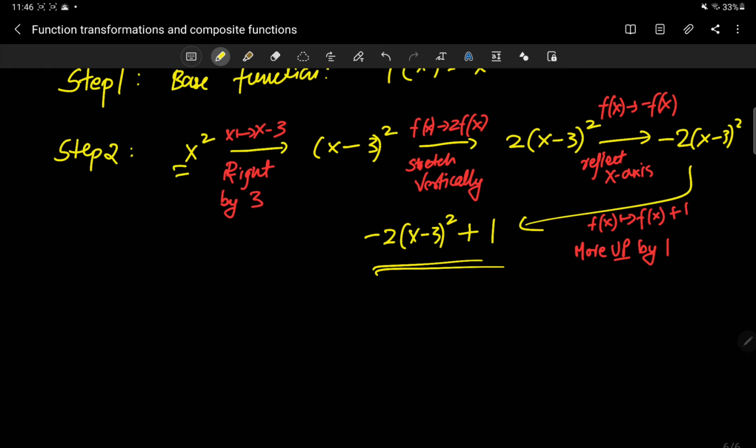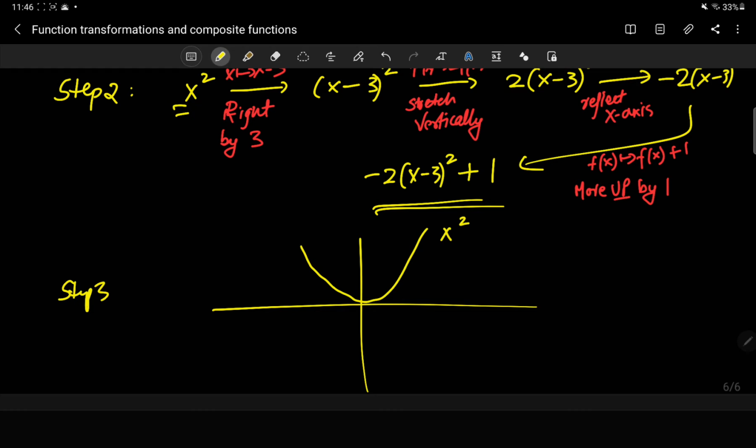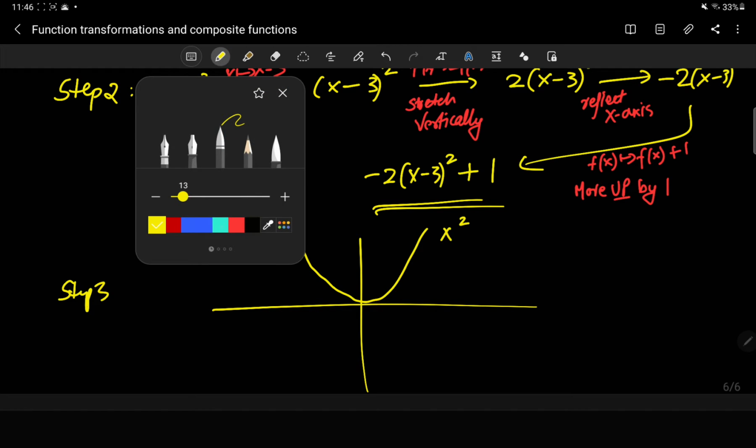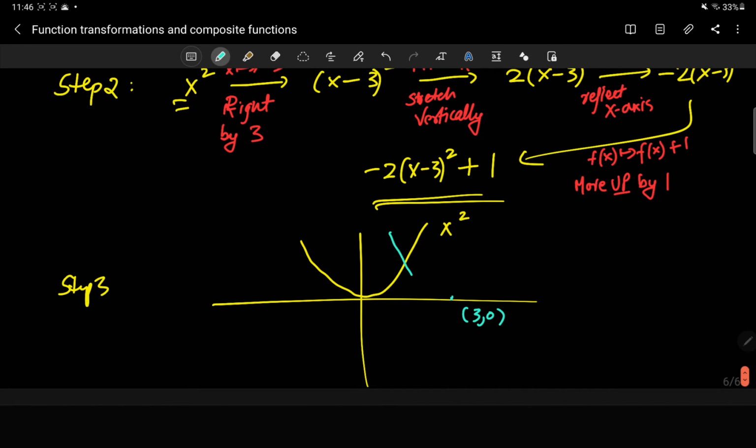Now that you have steps 1 and 2, step 3 just asks you to draw the graphs. I'm going to draw them all in one plot. We start with x squared. We move this to the right by 3, so this is the point 3 comma 0, and we get (x minus 3) squared.